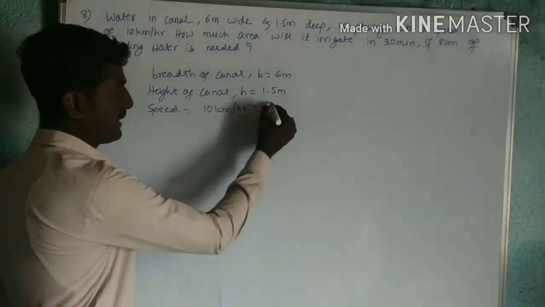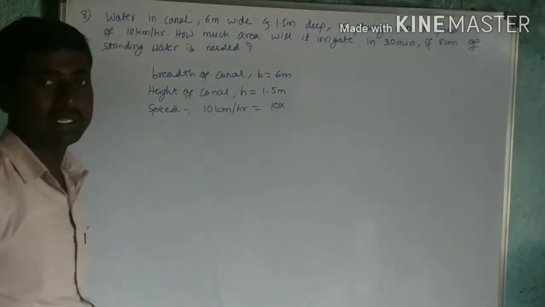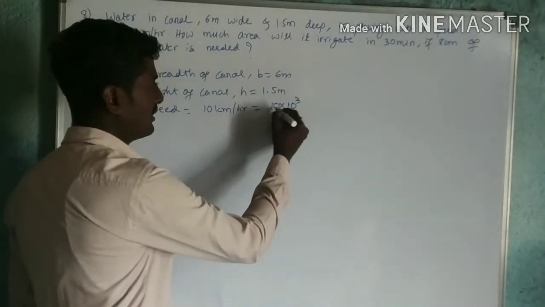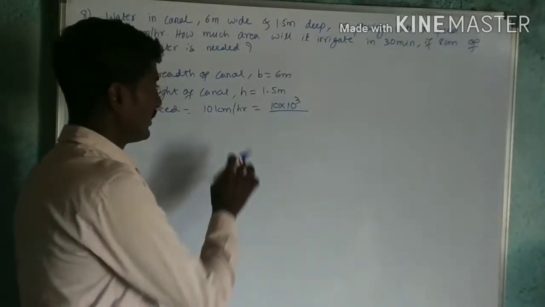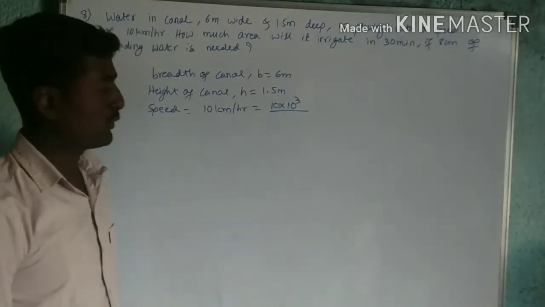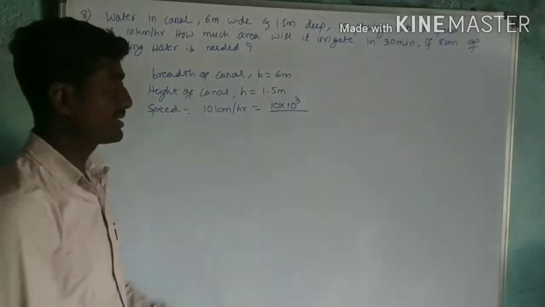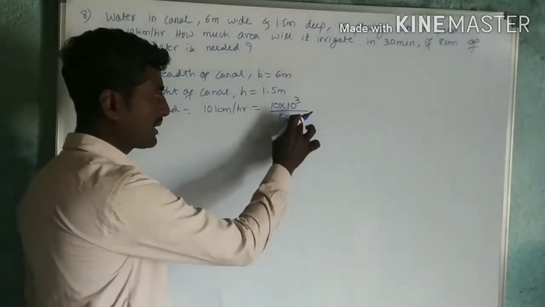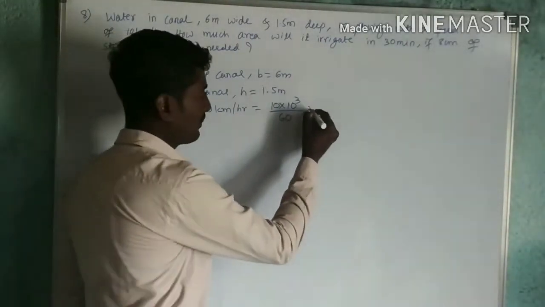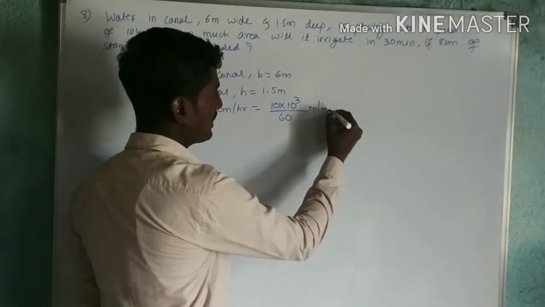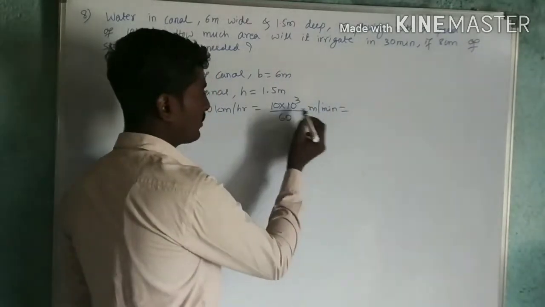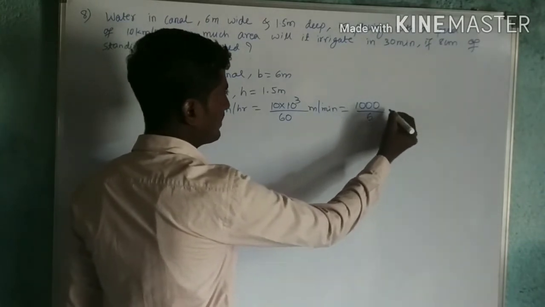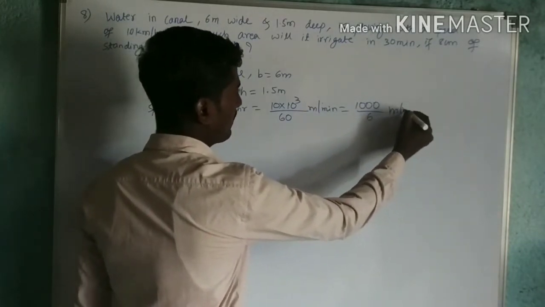First I convert 10 kilometer in terms of meter, so you must multiply by 10 power 3, or 1000. Then divided by hour. If you want to convert this in terms of minute, you must divide it by 60. If you want to convert it in seconds, you can multiply by 60. So this is meter per minute. Now one 0 gets cancelled, 1000 remains, divided by 6. That is 1000 by 6 meter per minute.